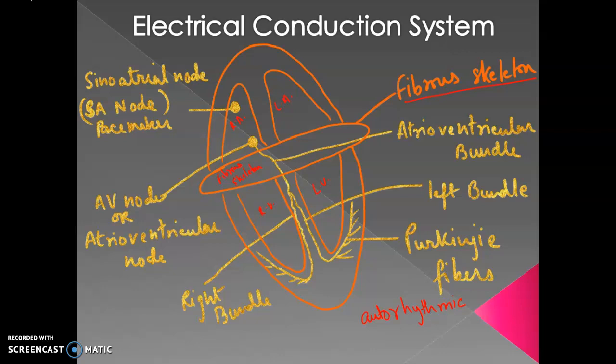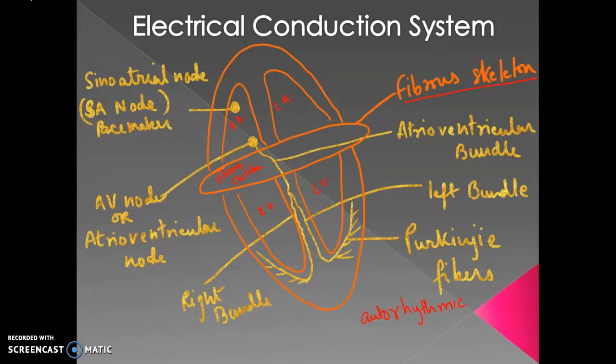So the heart doesn't need stimulation from the nervous system to start beating. It can generate its own beat without any input from the nervous system, and that is why it is called autorhythmic.